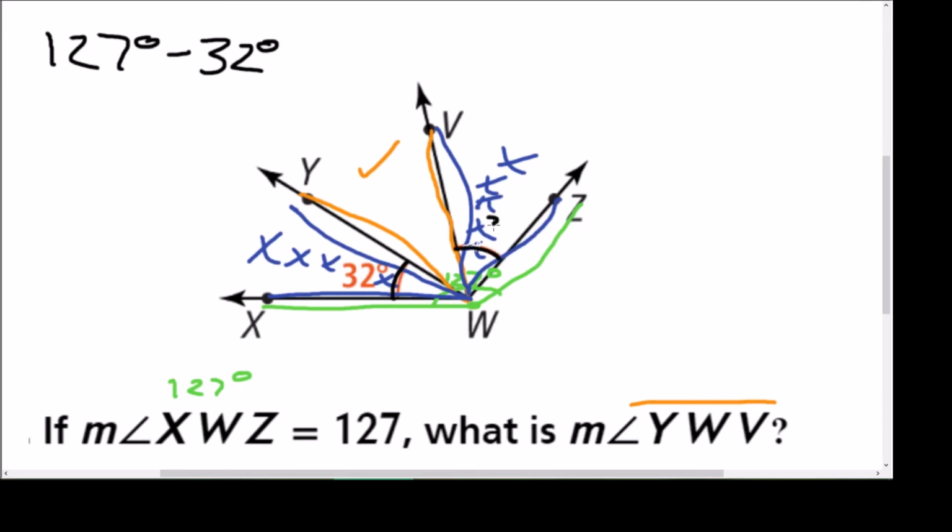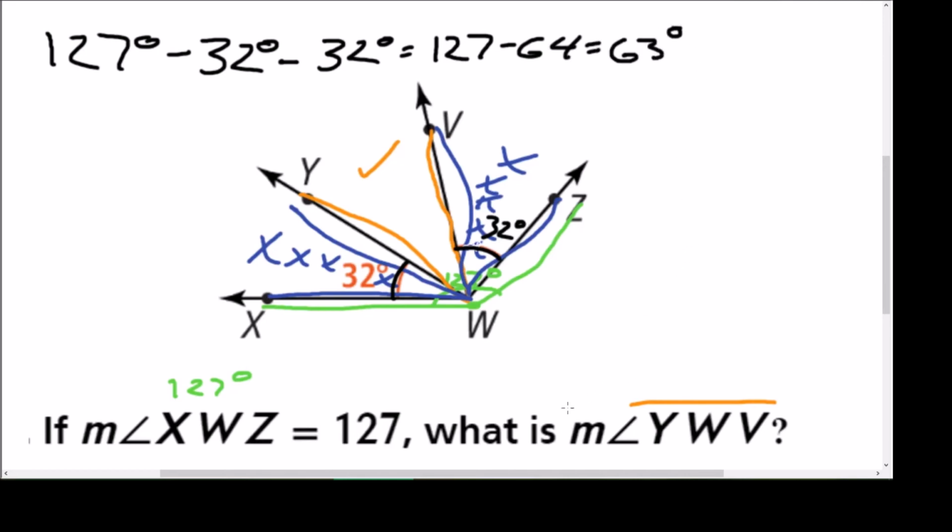So this tells us right now that this angle is the same. They're congruent. It's also 32 degrees. So I can subtract 32 degrees. Now I'm going to do this, and you don't have to do it this way. You can punch this into your calculator right here. But what I would normally do is 127 minus 64, and then that would leave me with 63 degrees.